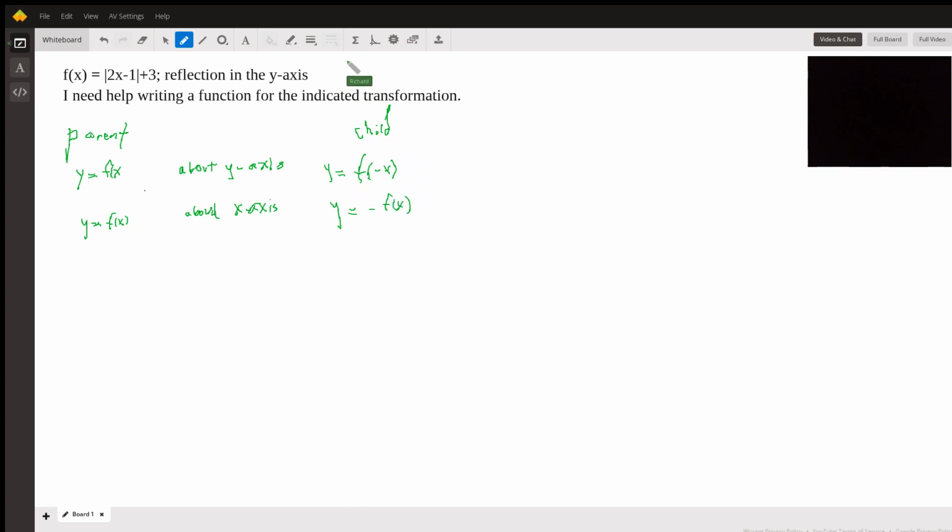So in this particular problem, we had y equal to absolute value of 2x minus 1, plus 3. And so this is the parent.